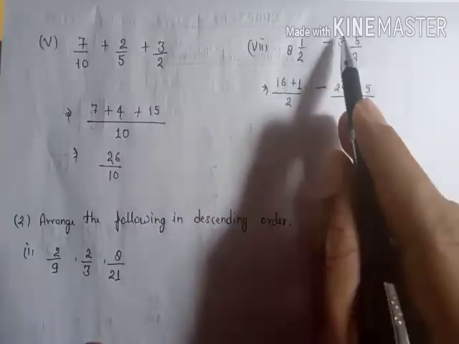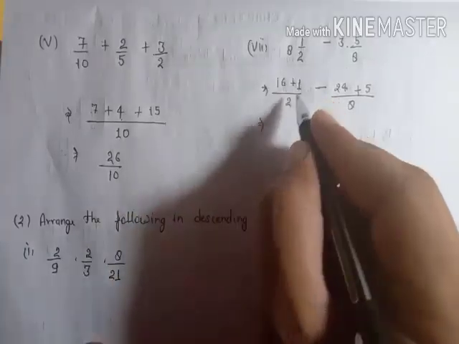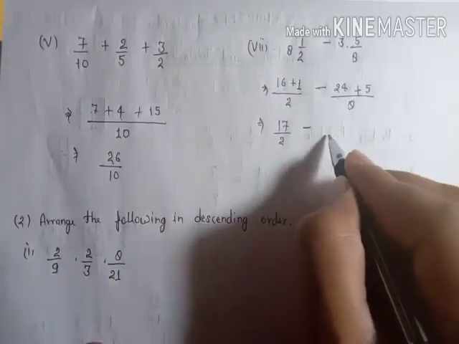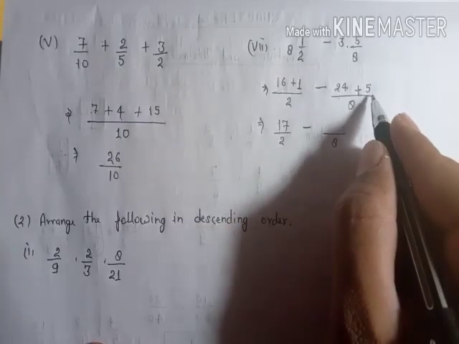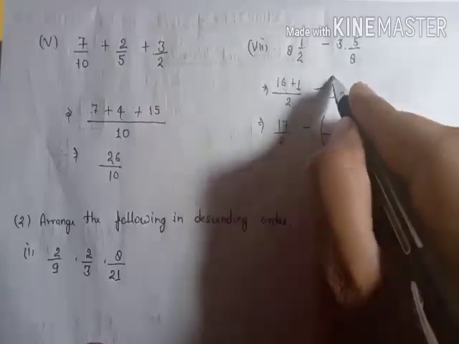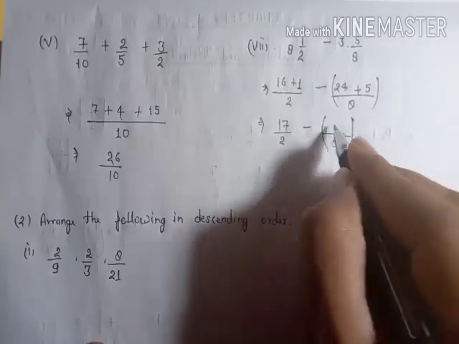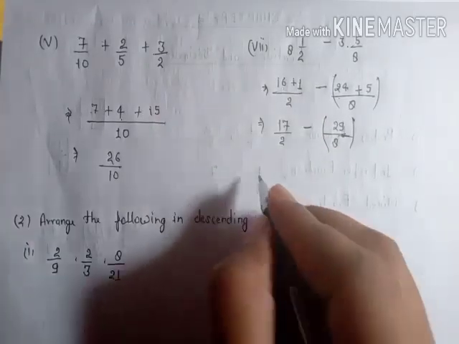Okay, and here 8 threes are 24 plus 5. Now 16 plus 1 is 17 upon 2, and minus, here the denominator is 8. 24 plus 5 becomes what? 29.